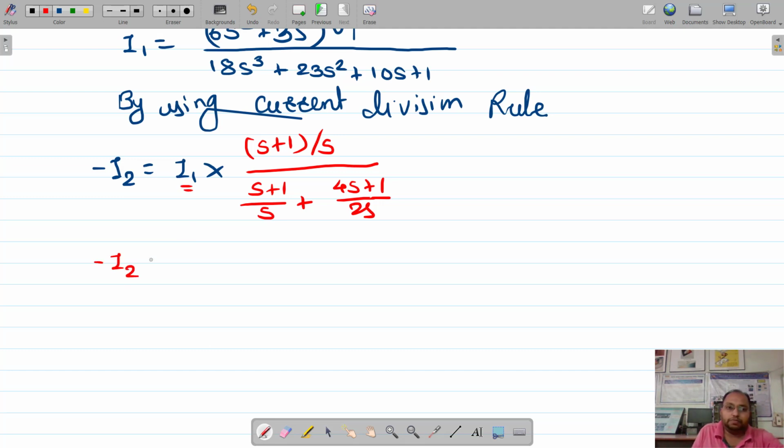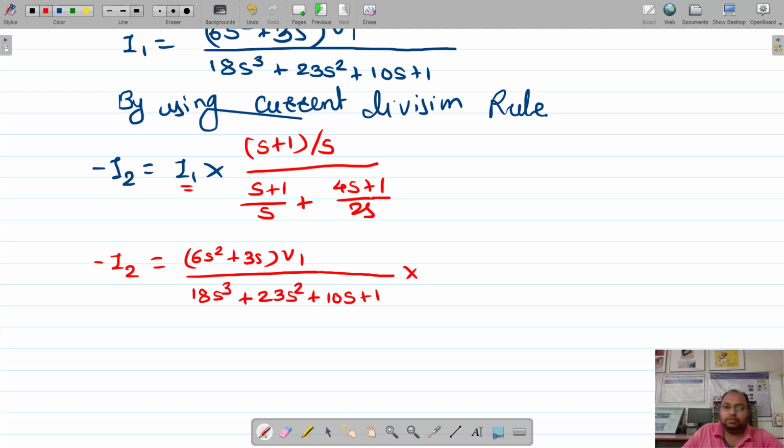So minus I2 is equal to, this is nothing but 6s square plus 3s into V1 divided by 18s cube plus 23s square plus 10s plus 1, into now this one, s plus 1 divided by s divided by, now again we have found out already this one.